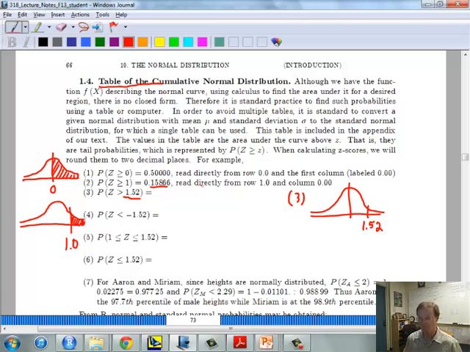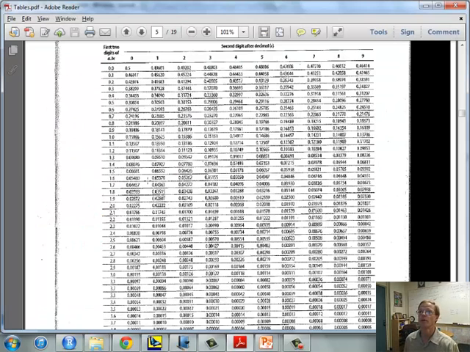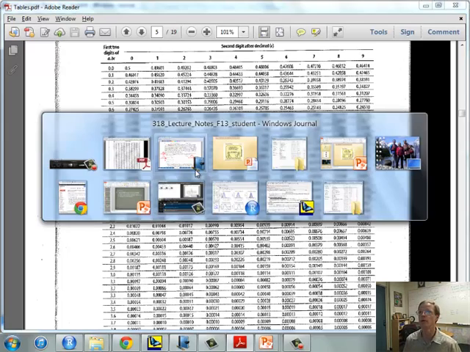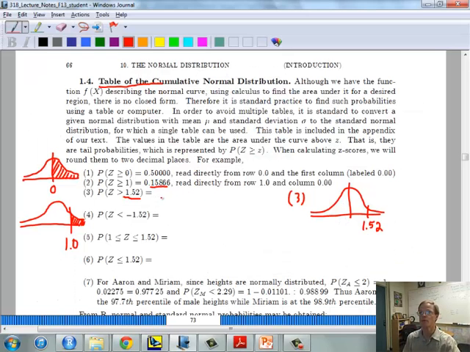So from the table, coming in here at 1.5, here's the 0.0646 is the correct number. Relatively straightforward to read. 0.06426.